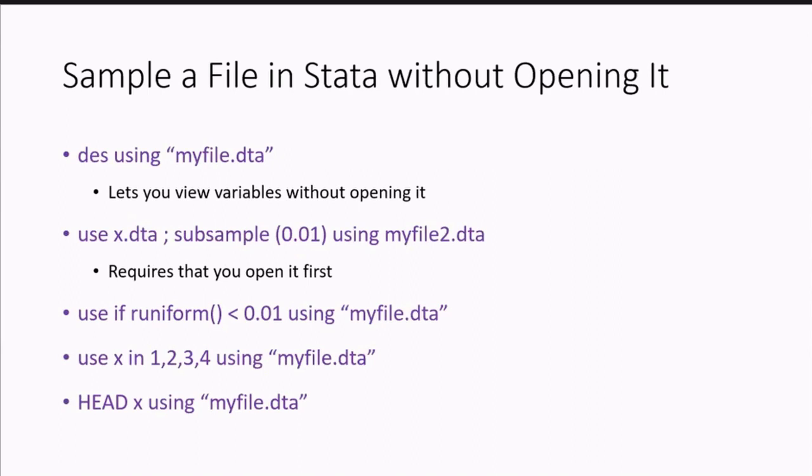So if, for example, you say use all of the terms if this uniform variable randomly set is less than 1%, using the file my file data, what that line will do is evaluate each of the lines one at a time in your Stata file, and if that random number generator is satisfied by being less than 1%, then it will store it in your new file, my file, and then you can have a copy without opening the original file.